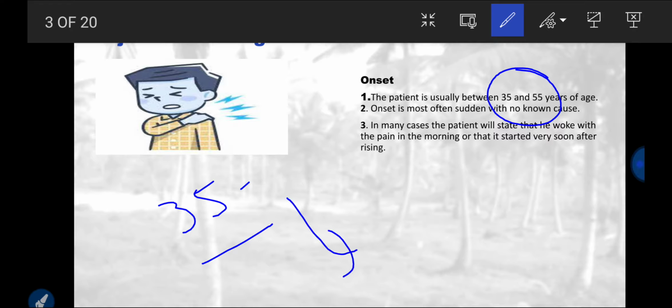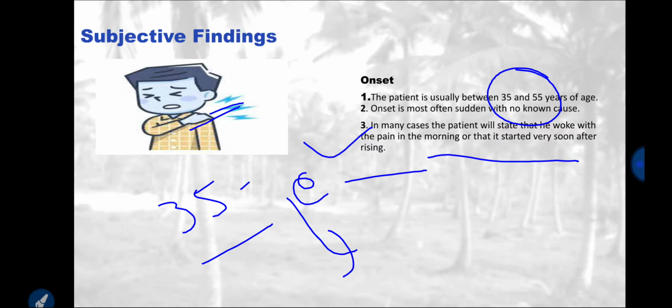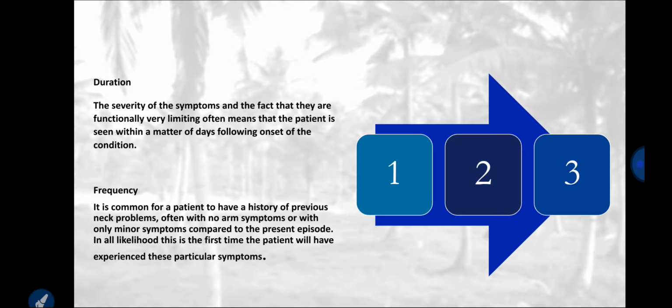In many cases, the patient will state that they woke with the pain in the morning, that it started very soon after rising. So onset of pain is sudden, no known cause, and age is 35 to 55.